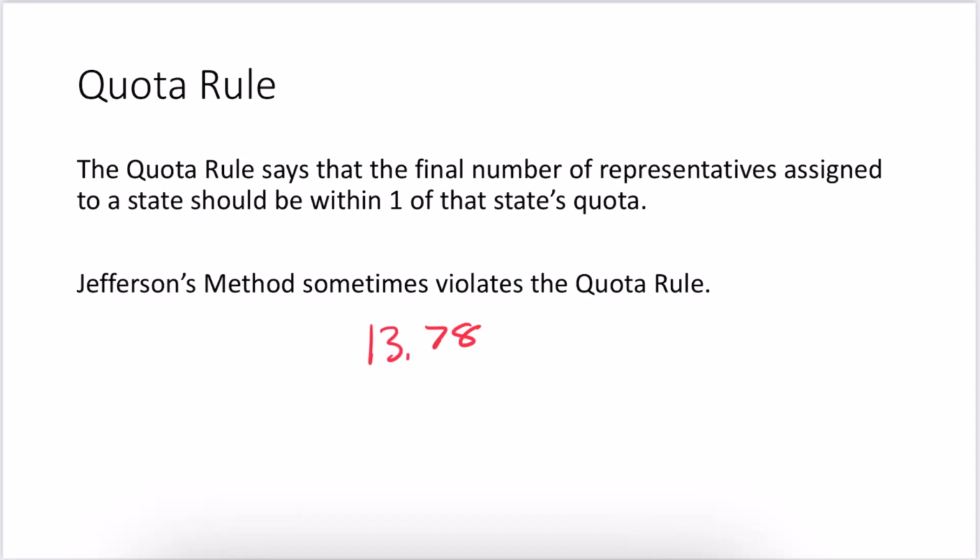So we actually don't use Hamilton's or Jefferson's method anymore. And that's one of your projects that you'll be doing. You'll look into what method we currently use to apportion representatives. But Hamilton's method definitely had a lot more issues than Jefferson's method did. And so people saw this as an improvement, and that's why we moved from Hamilton's method to Jefferson's method.